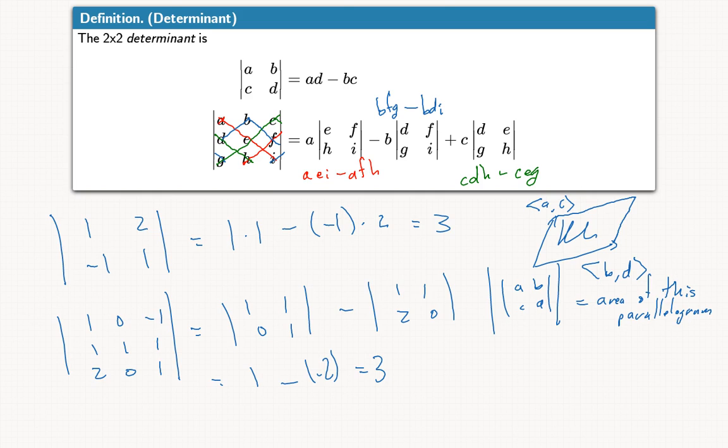And the sign will be positive or negative depending on, again, the orientation, which order you've put the vectors in.